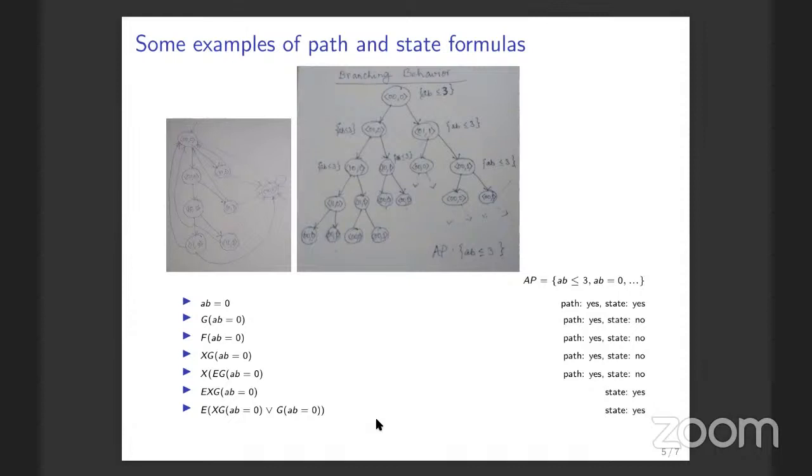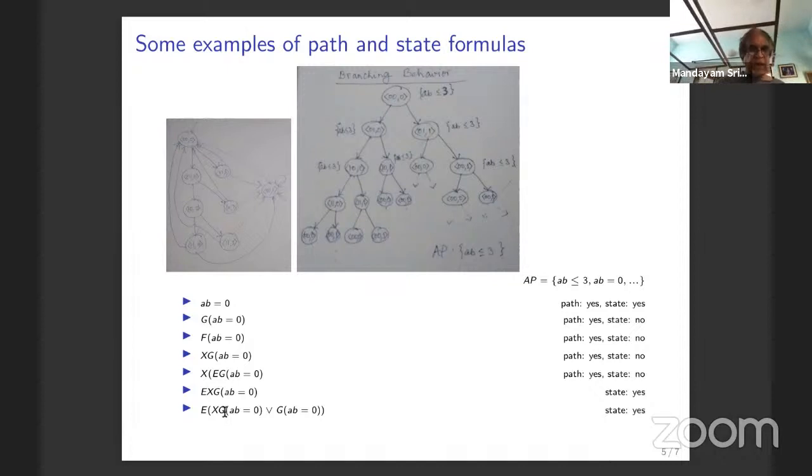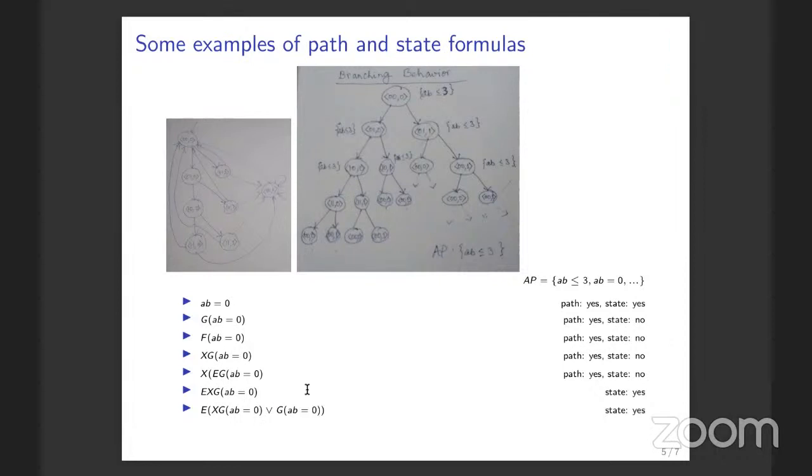It will be a state formula, because at the end E of the whole path formula is taken. I'm sorry, I misread the parentheses. The outer parentheses extend all the way, so this is a state formula. But if the parentheses ended after the first disjunct, then that would be a path formula.